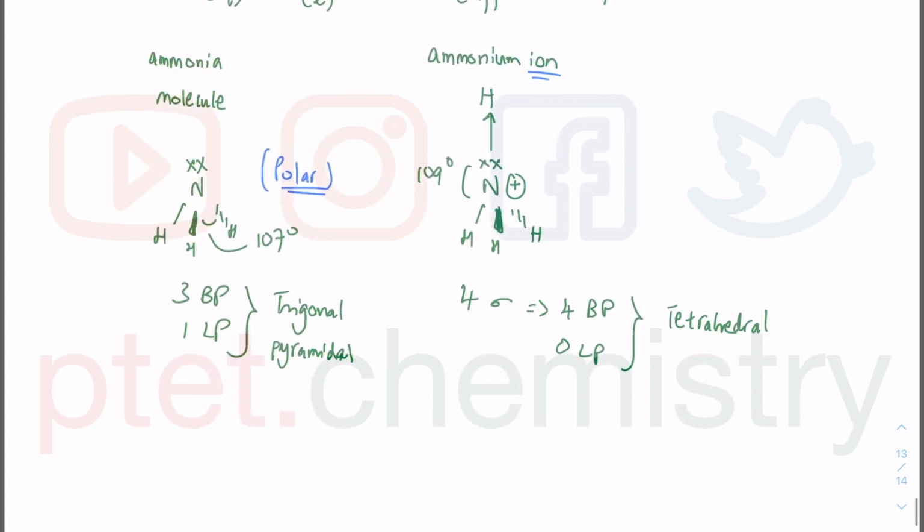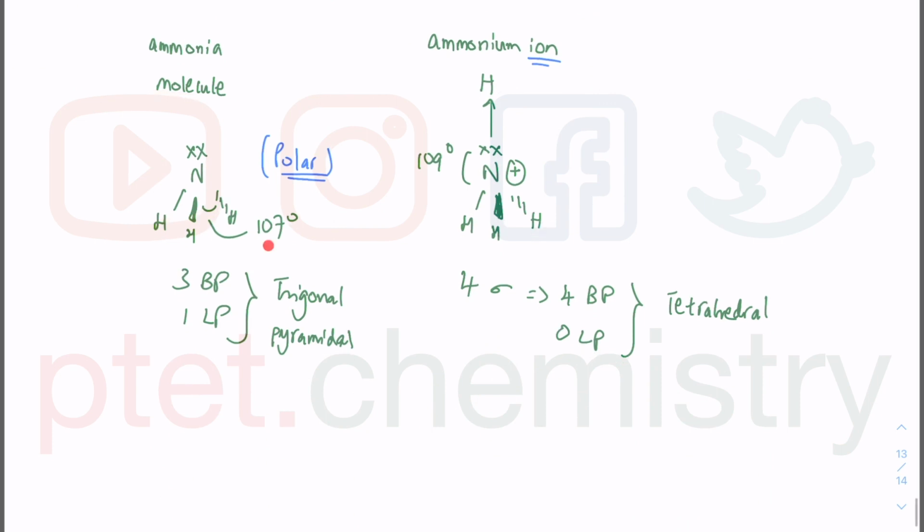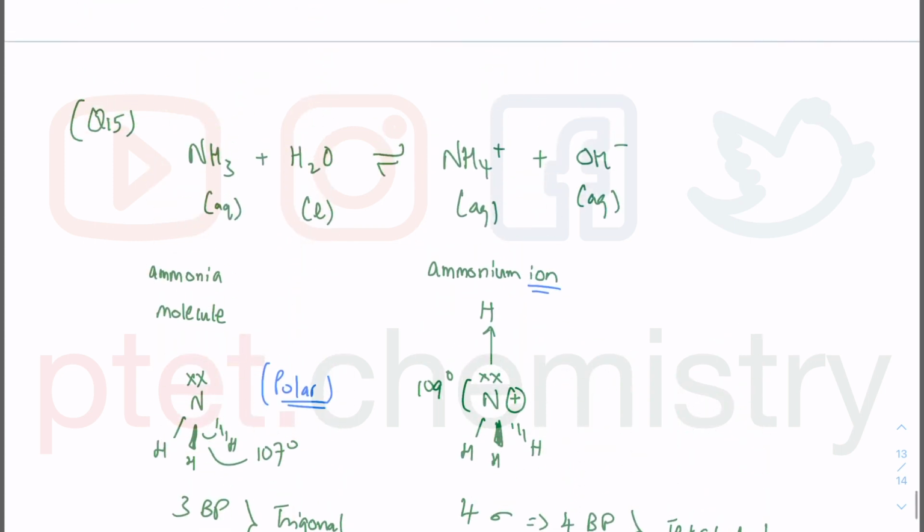Option B talks about the bond angle changing from 109 degrees, but it changes from 107 degrees to 109 degrees, so it increases, it doesn't decrease. Option B is wrong. Option C says this reaction is a redox reaction, which is again wrong. This is acting as a base because it is accepting a H plus.